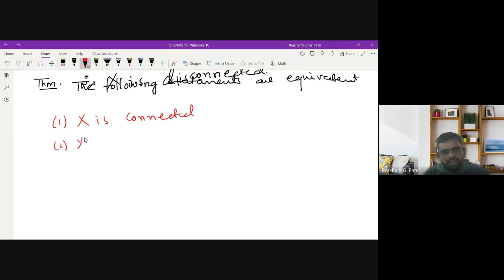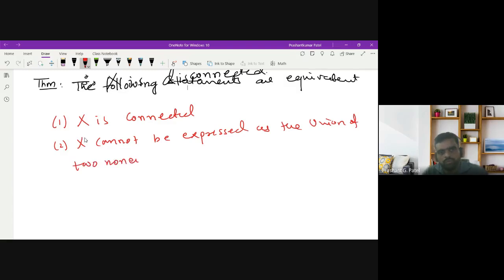The second one: X cannot be expressed as the union of two non-empty disjoint open sets.